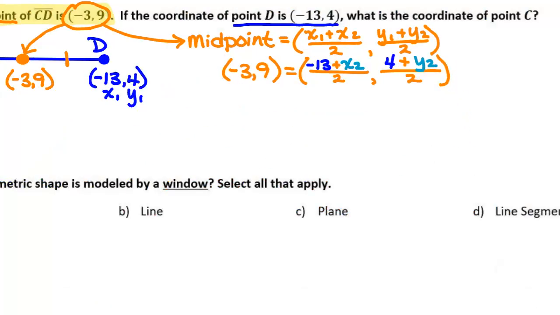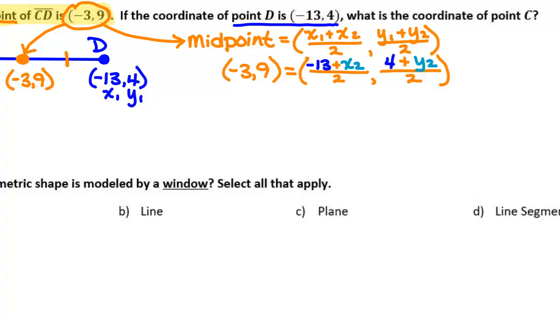Close my parentheses. How many variables are we looking for? 2. We're looking for an x and a y.